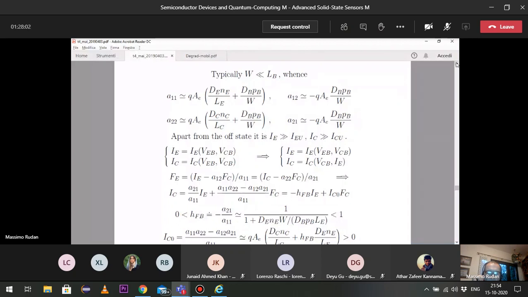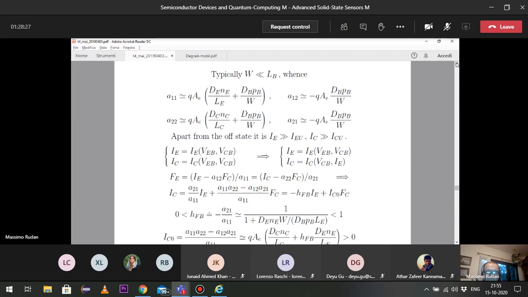Saturation, normal, inverse, and off, okay? We do not consider the off region, the off state, okay? Because simply the two junctions are in the reverse bias and there is little current in them, okay?